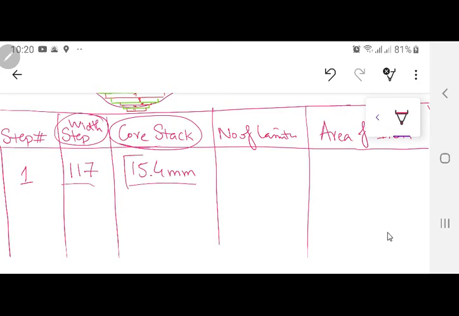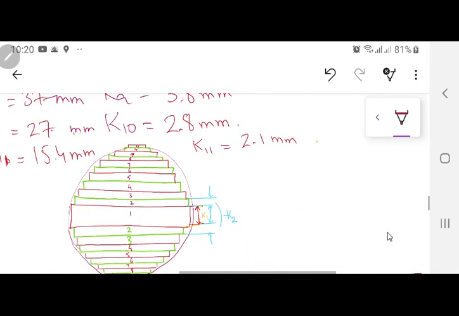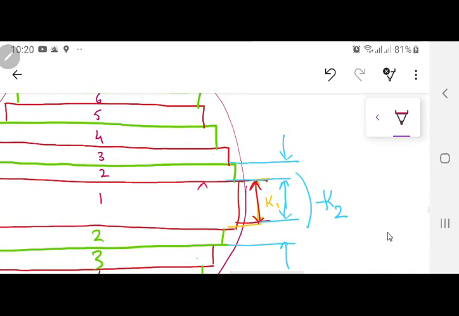Now 15.4 mm is the thickness of this first step over here. Does it have the insulation thickness also? Yes, because we are talking about the gross area. Now 15.4 mm, you are going to divide it by the thickness of lamination plus insulation, or just the thickness of lamination?